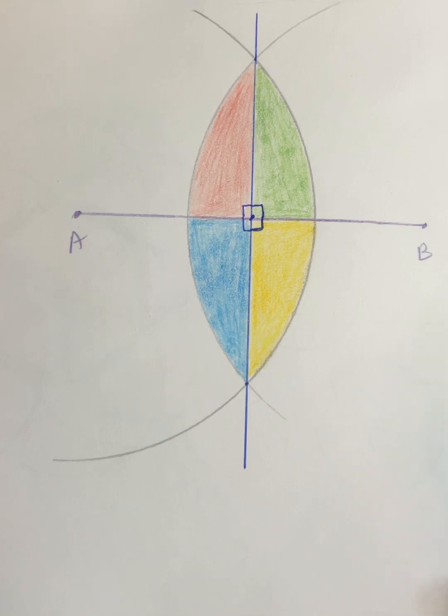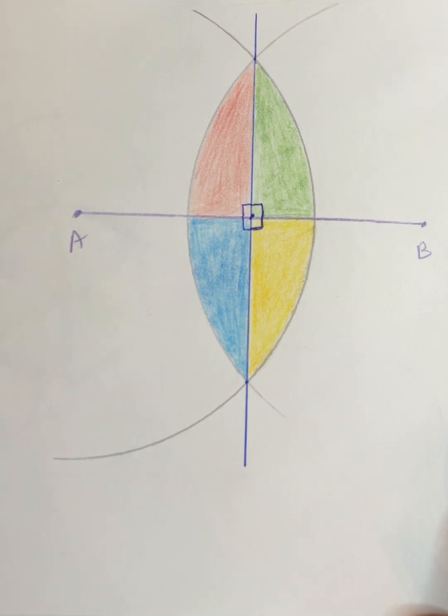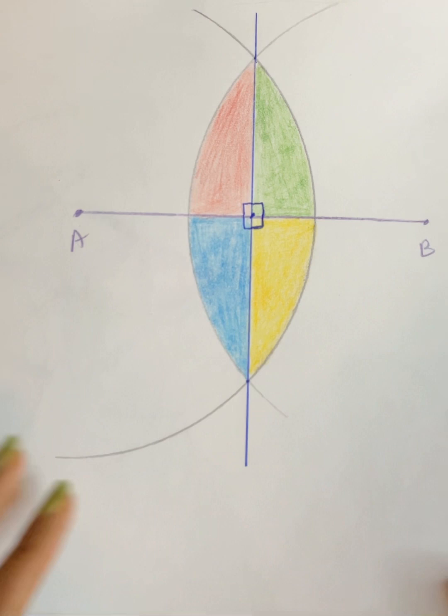So if you didn't watch my previous video when I constructed a perpendicular bisector, this is what it looks like. And because a triangle has three segments, I need to do a perpendicular bisector on all three segments of the triangle. So without further ado, I am going to start my construction.